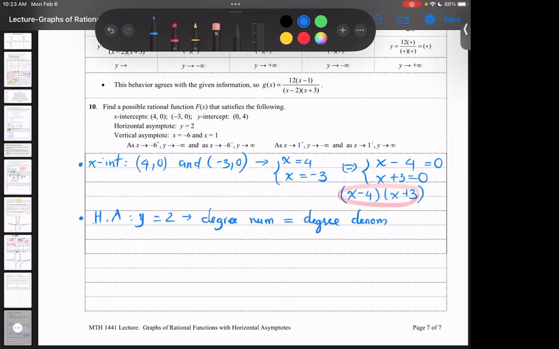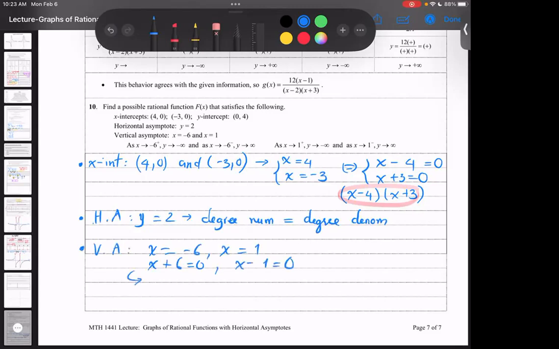How do I find the denominator? That'll be the next line, right? That's the vertical asymptote. That's your hint for the denominator. Remember we set it equal to 0 to solve for the vertical asymptote. My VA is x equals -6 and x equals 1. If you add 6 to both sides, I have x plus 6 equals 0, and then x minus 1 equals 0.